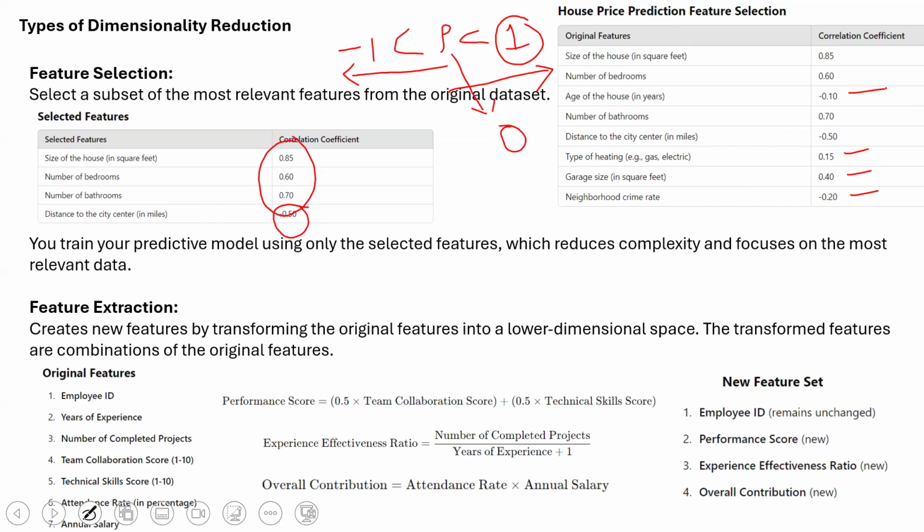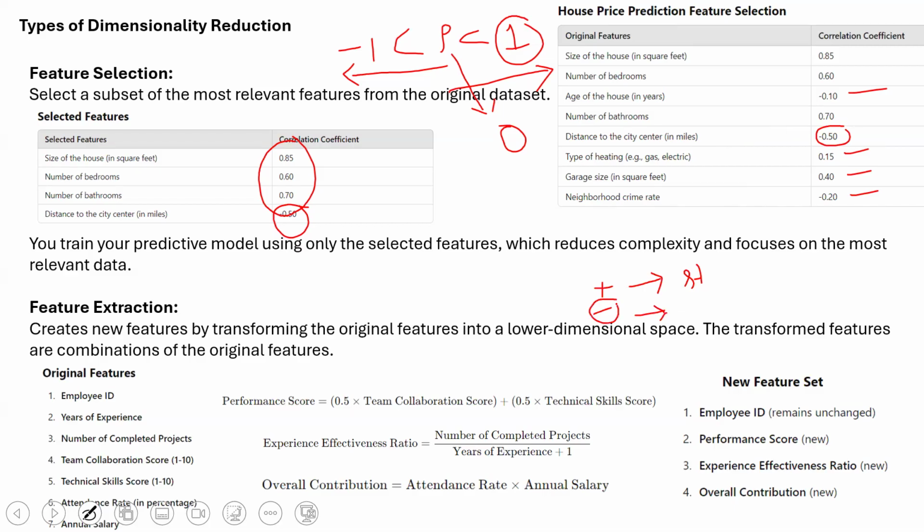But when it comes to correlation coefficient, it doesn't matter whether it is plus or minus. All that matters is the value here, right? The plus indicates positive correlation, and it is a strong correlation when the value is coming close to 1, but negative is also strongly correlated, in the negative direction.